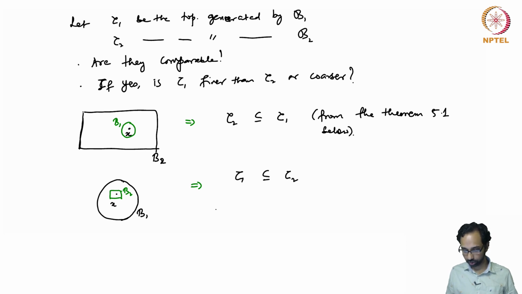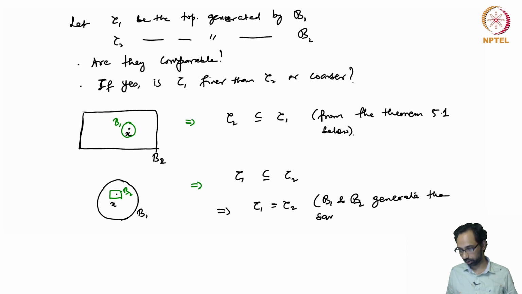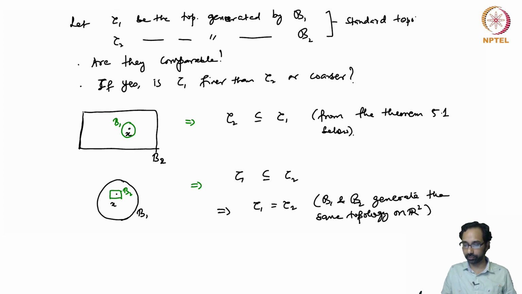Taking these two together, tau1 is equal to tau2, and so B1 and B2 generate the same topology on R2, and this topology will be called the standard topology on R2.